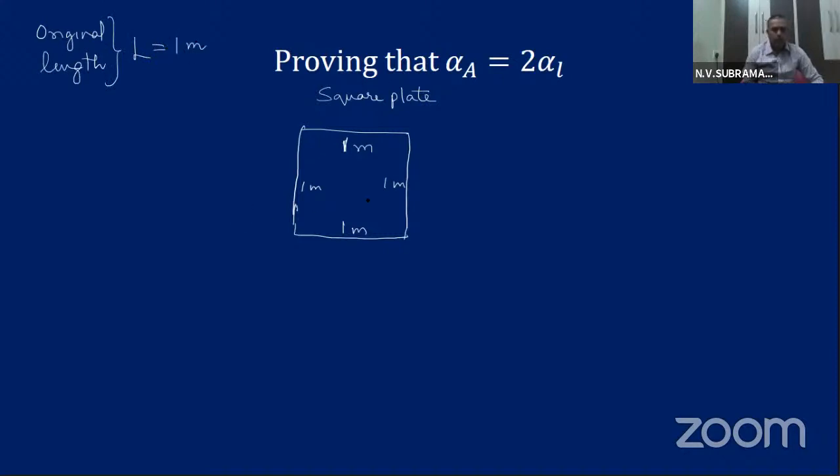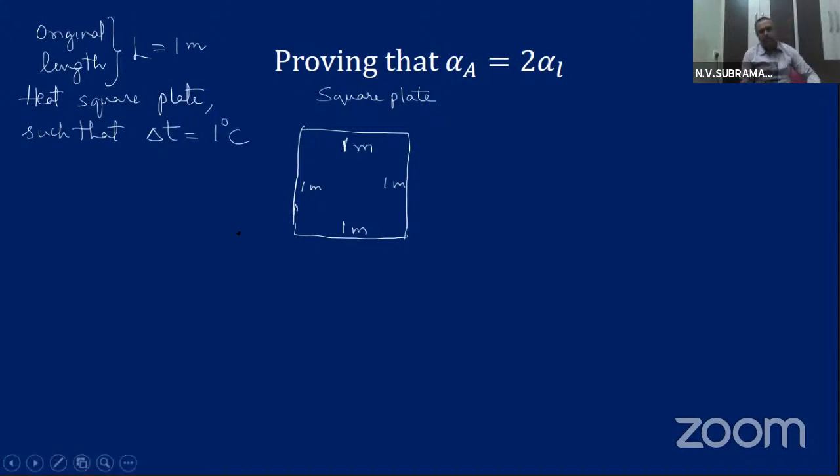Now I am heating this square plate such that there is a 1 degree change in the temperature. That means delta T is T2 minus T1, that is how many degrees centigrade I am changing the temperature. 1 degree centigrade change in the temperature.